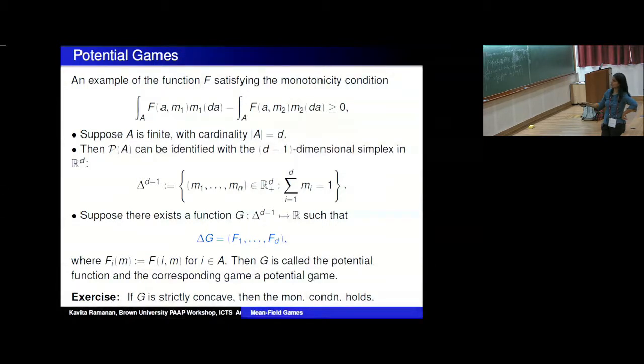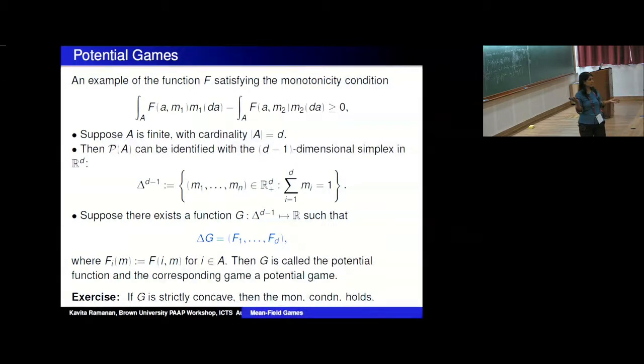Now suppose you have a function G on this simplex such that the gradient of G, not Laplacian, is F1 to Fd, where I'm fixing the player now and looking at it as a function of the measure. Then G is called the potential function and the corresponding game a potential game.